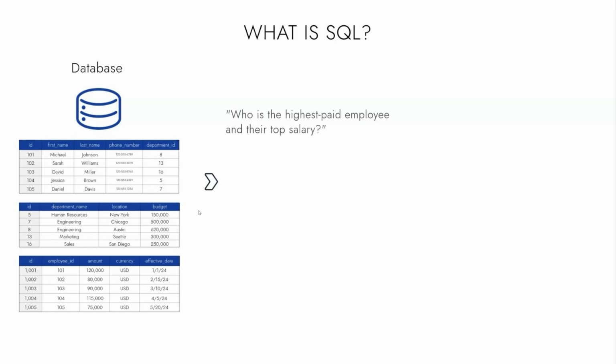SQL is really about being able to bring all these together. One example is: who is the highest paid employee and what is their top salary? You can actually query it. It's one of the things SQL does: you can select this, then join this, and bring out the result that you want.